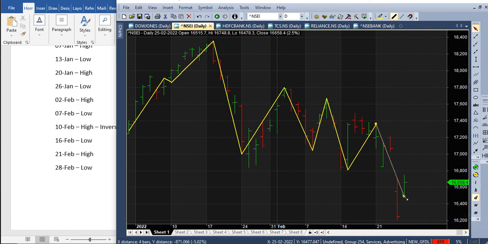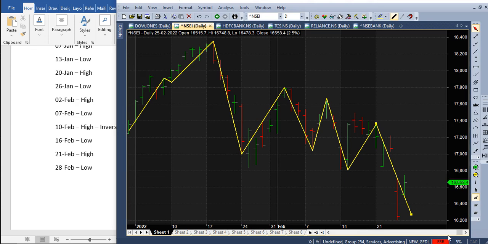So normally what I will do, I will extend this trend line till 28th of February. And we will have to see tomorrow what happens. Is it taking support on this line? Is it coming down, or from 25th of February it will go up? I don't know. So we will have to see tomorrow when the market opens.